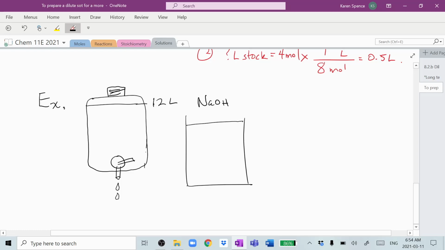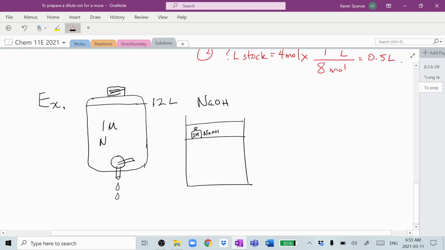I know it doesn't look like a shelving unit. It looks like every other beaker I've done, but it's actually a ginormous shelving unit. I found a bottle of 2 molar NaOH. Now that's a smallish bottle. You can imagine it's like a half liter bottle, the size of a water bottle, of 2 molar NaOH. Now in our acid-base experiment, I wanted 1 molar.